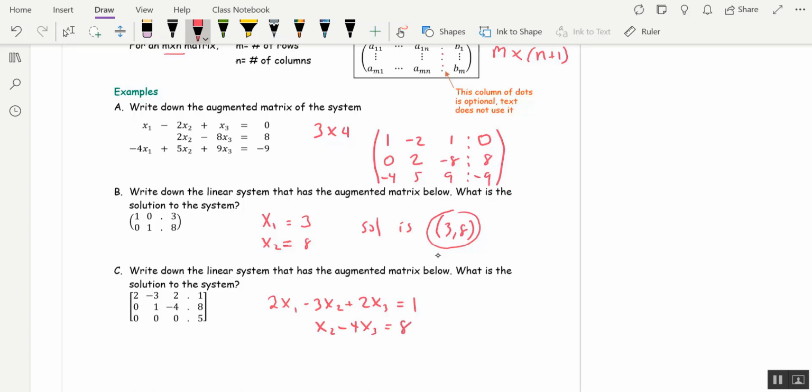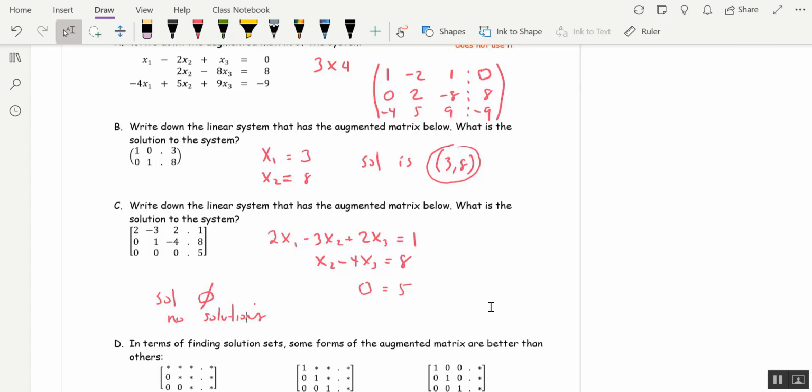And the last line, 0x1 plus 0x2 plus 0x3, well, that's 0 equals 5. So the solution to that system, remember, a solution is in this case an ordered triplet, x1, x2, x3, that satisfies all 3 equations. Well, there's no x1, x2, x3 that will satisfy 0 equals 5. So the solution is the empty set. There are no solutions.